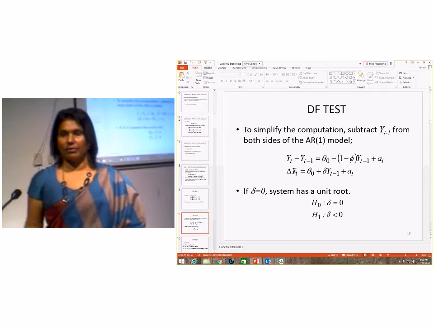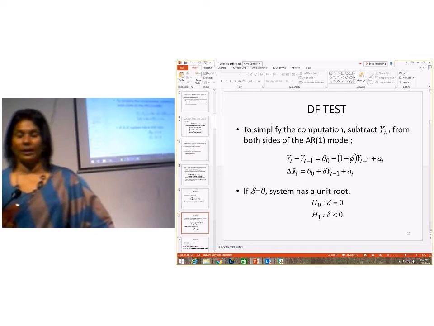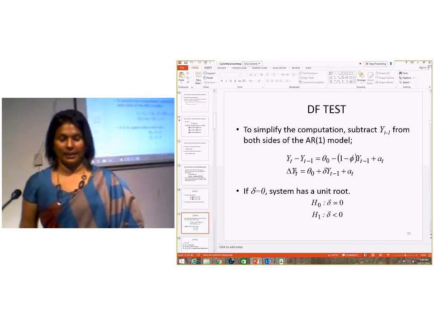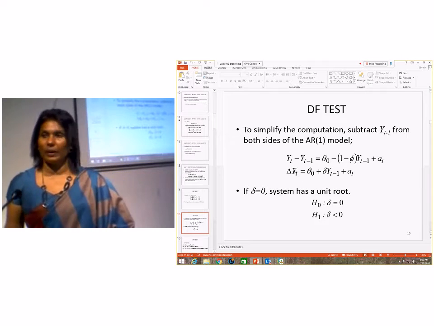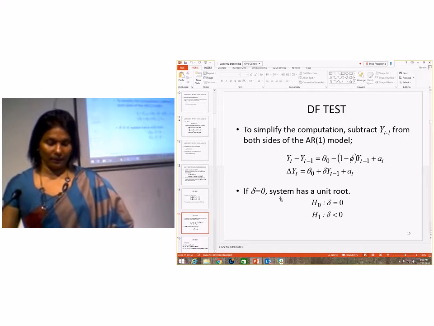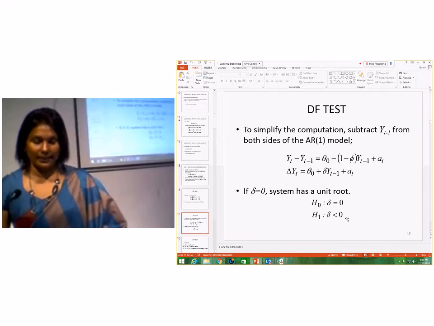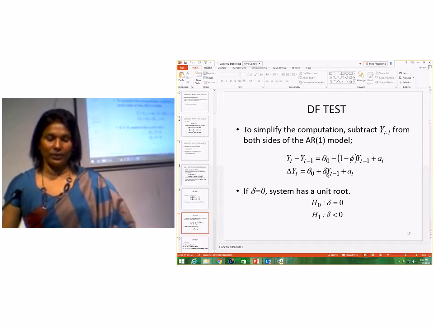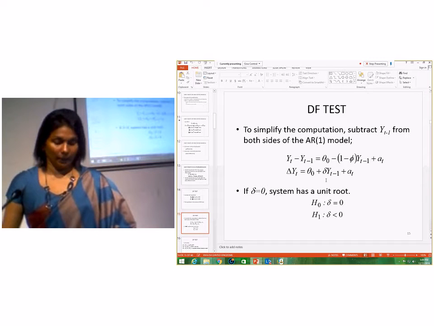That means past value impacts the present value, which is one characteristic of time series data. So by this Dickey-Fuller test, we test whether our series has a unit root. If theta is 0, then this whole part is 0.